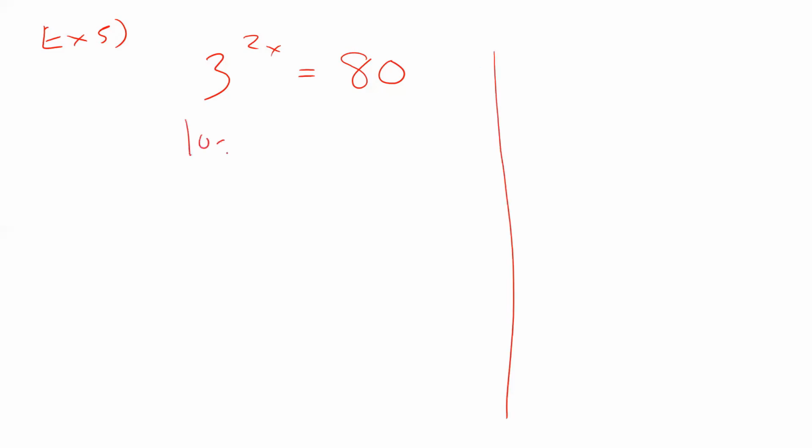All right, I'm going to go with log on this side, log on this side, 2x log of 3. All right, and question, what do we divide by to get x by itself?